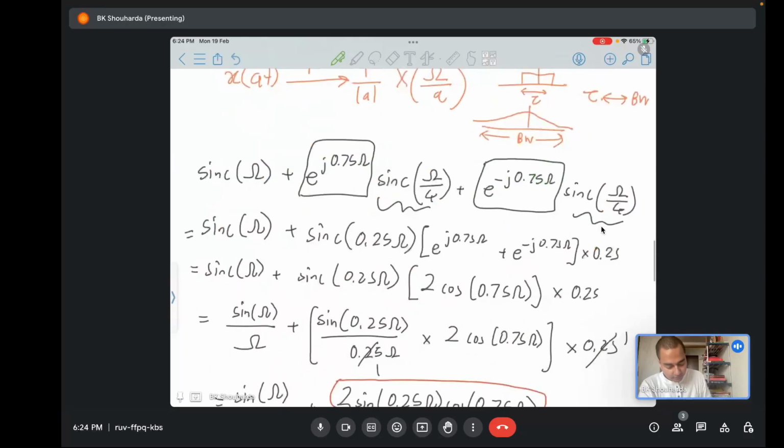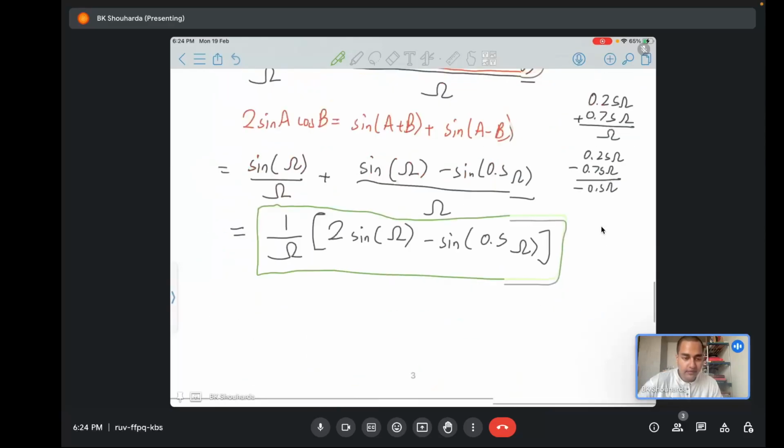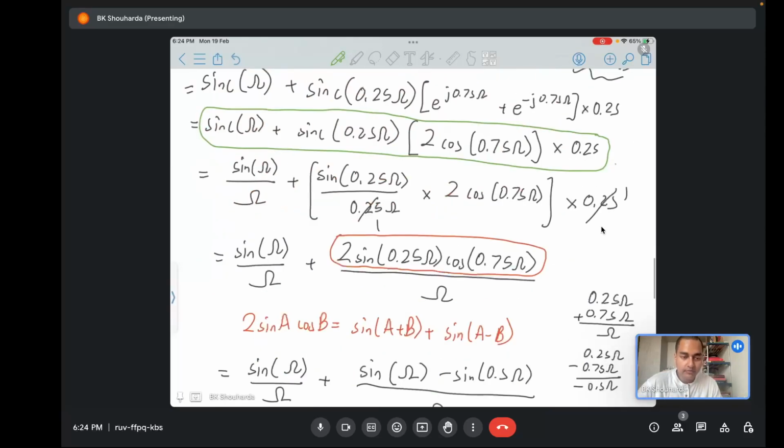I could have also stopped over here. This was also a possible answer, but since you will be having MCQ exams, it's necessary that you look at the form of the options and then proceed. Because the previous year's assignment had this form, I moved further from this step that I'm showing over here.